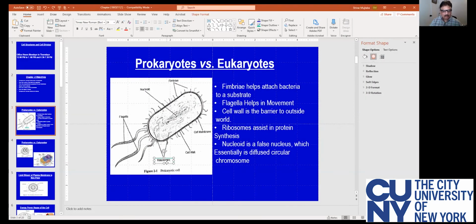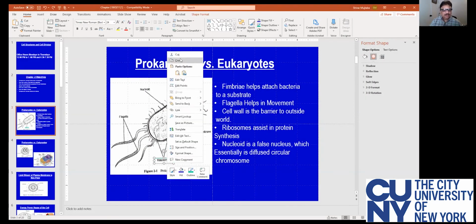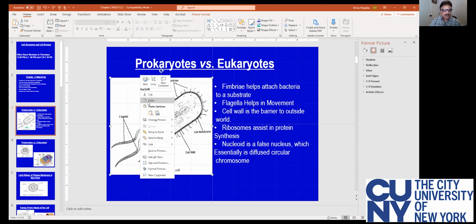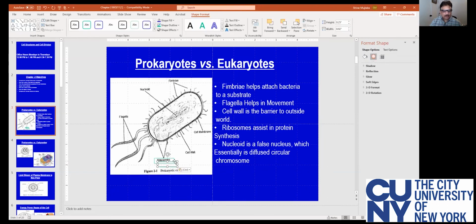Then bacterial DNA is present as chromosomes without a nucleus, called the nucleoid, and they have a cell wall and cell membrane. And fimbria help in attachment. So very simple cellular organization of bacteria.